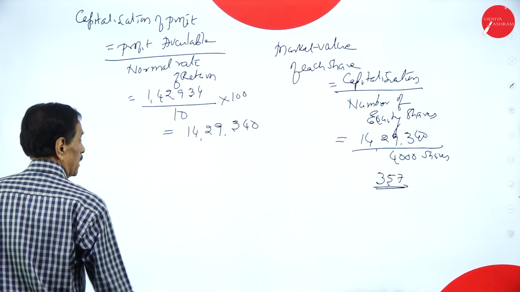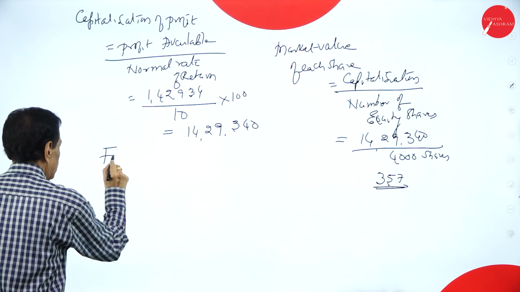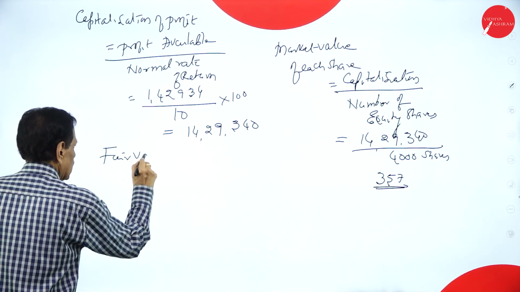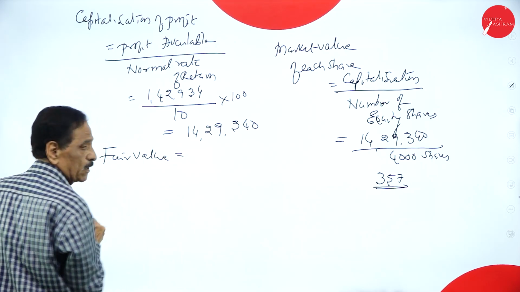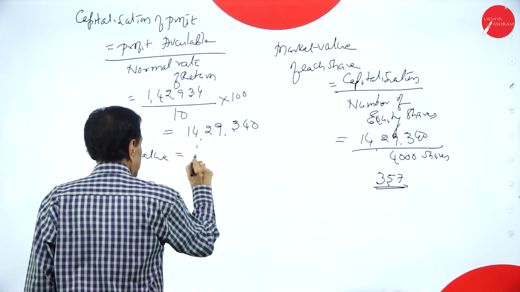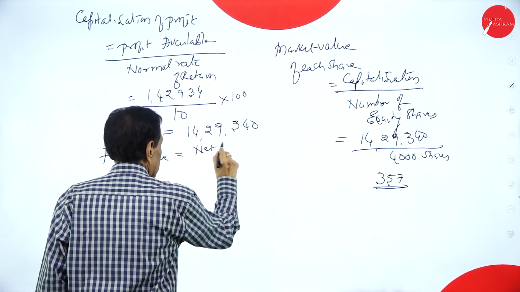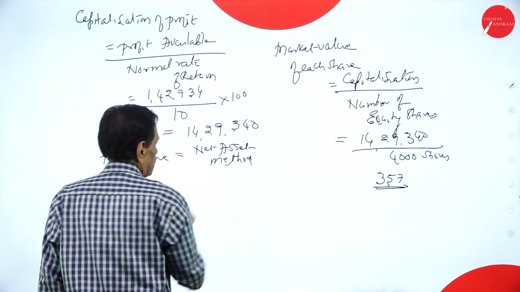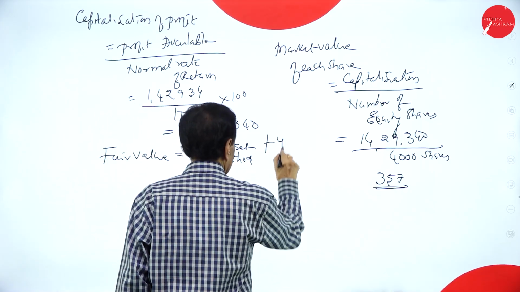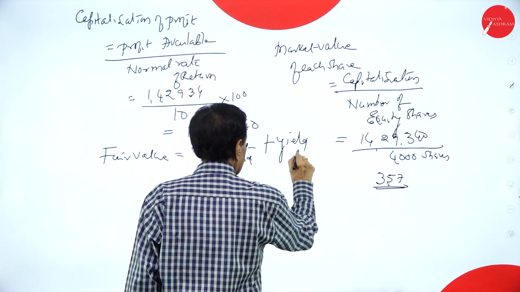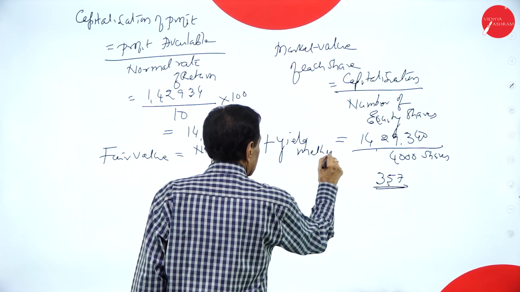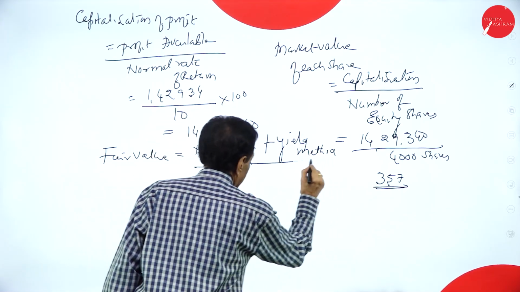Then last one, fair value is equal to net asset method plus yield method divided by 2.